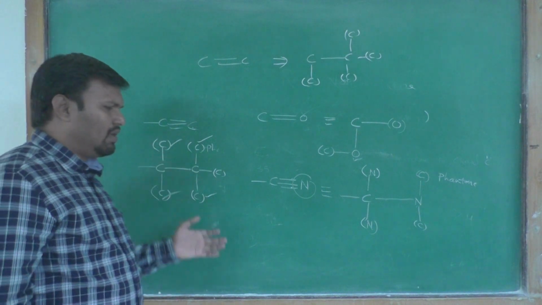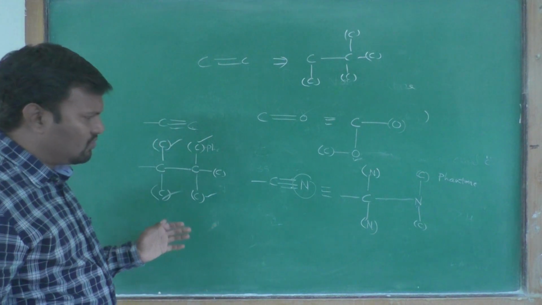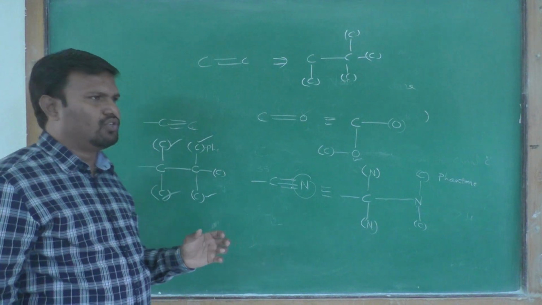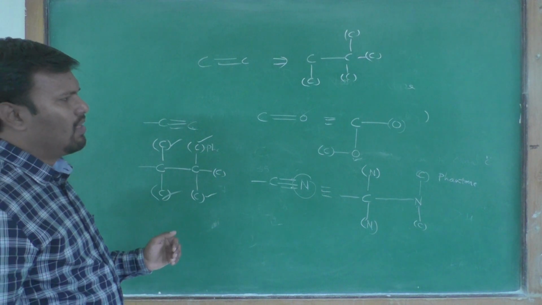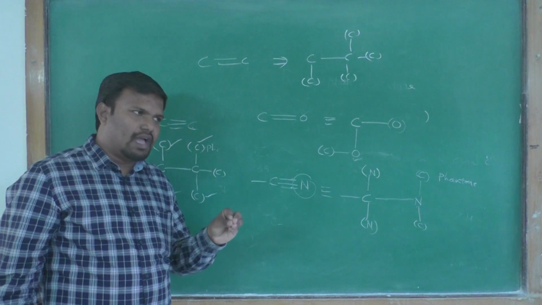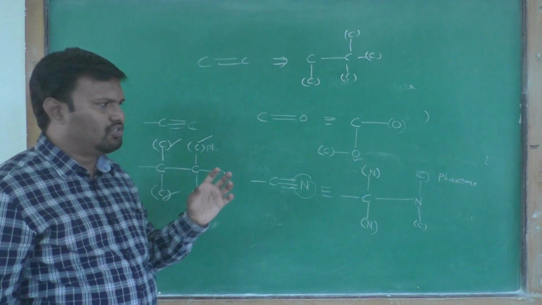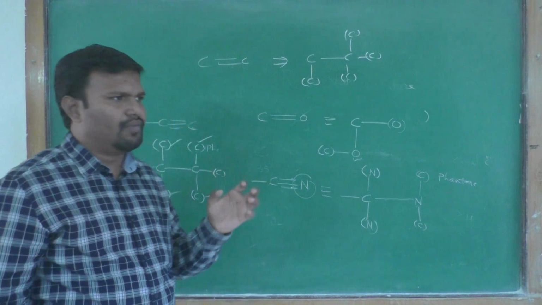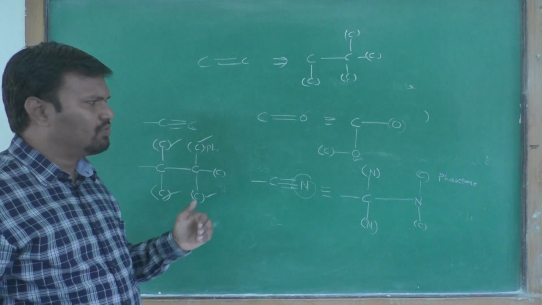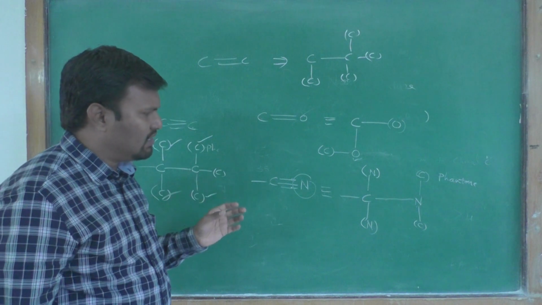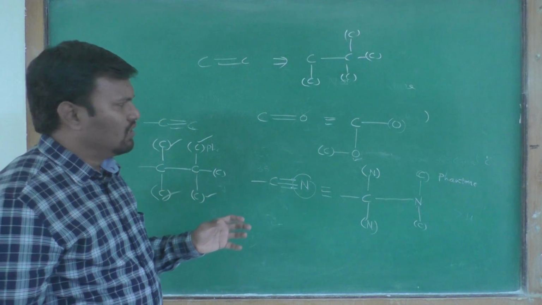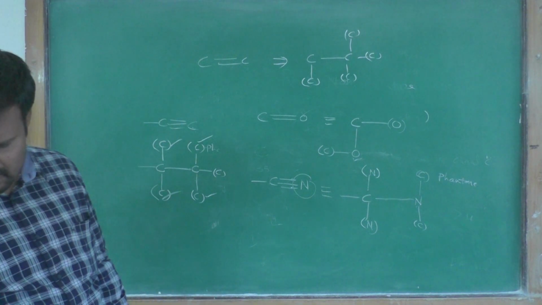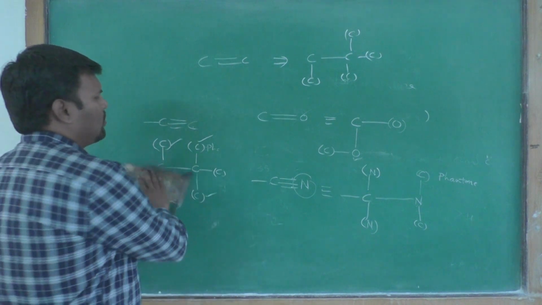Like that, we can show double and triple bonds when such a situation is created where we have to discriminate which group gives the higher priority than the other groups. Then we have to show it that way and try to find out the priority. Like that way, the third sequence rule we have seen.